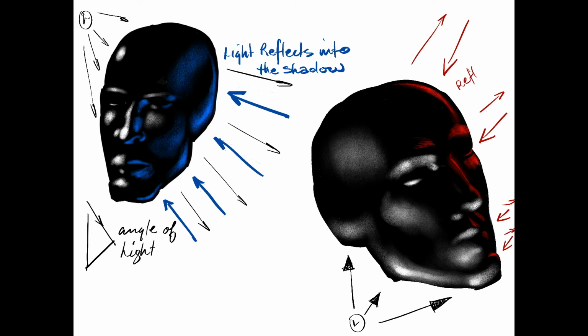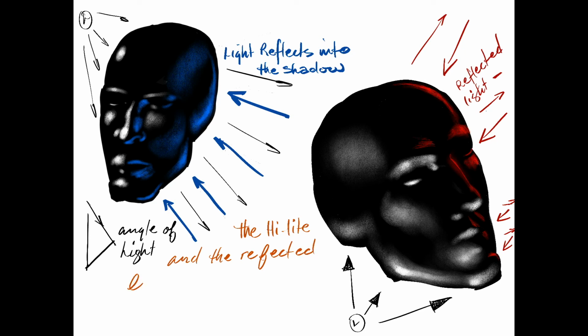Okay? So, project number 3 will be to draw as many heads as you can and apply highlight and reflected light to the various forms of the mannequin silhouette head.